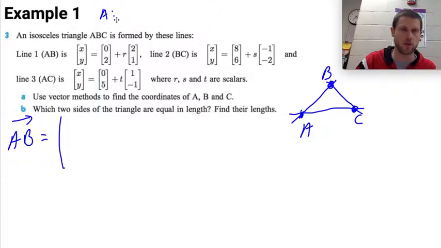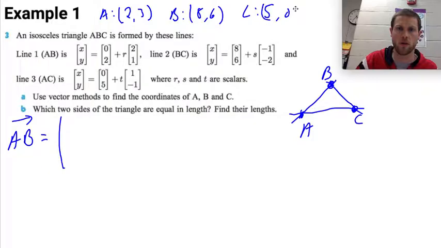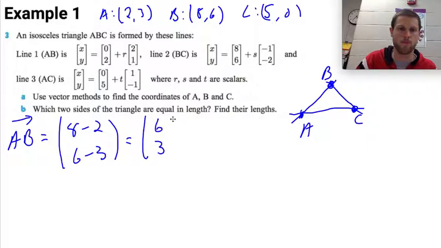A was 2, 3. B was 8, 6. And C was 5, 0. So if I want to find vector AB, I have to take B and subtract A. So that's going to be 8 minus 2 and 6 minus 3. So this vector is going to be 6, 3.